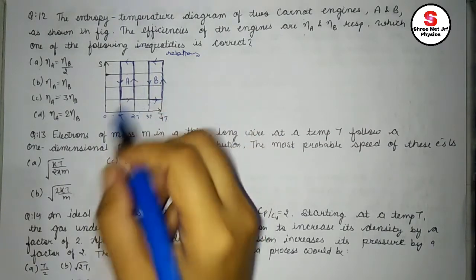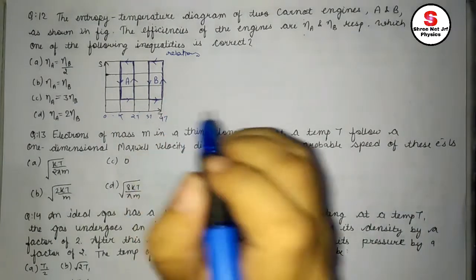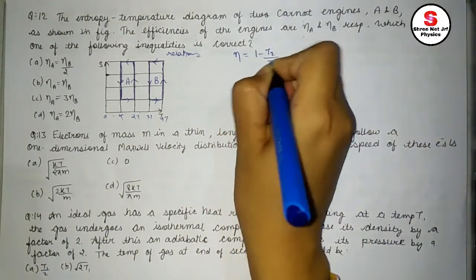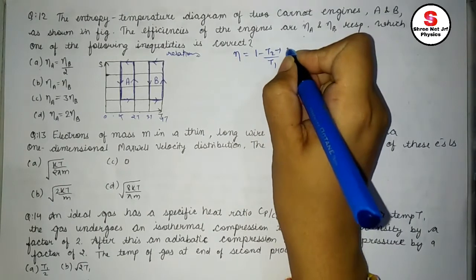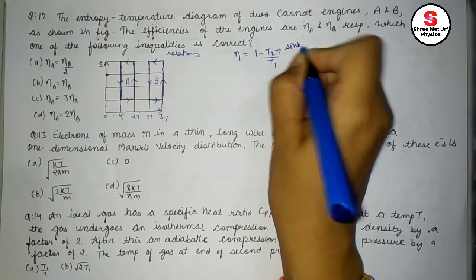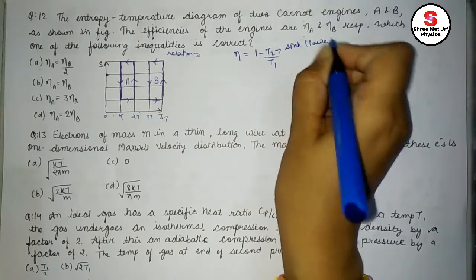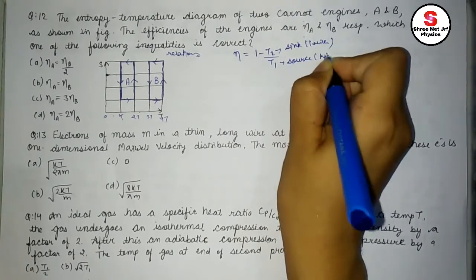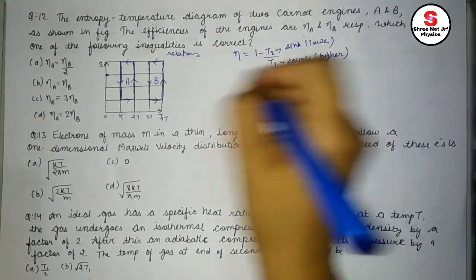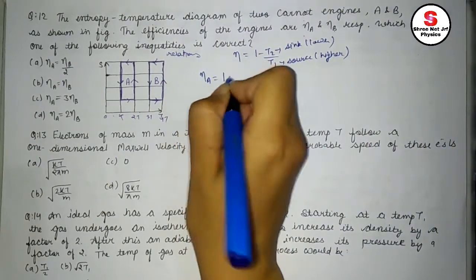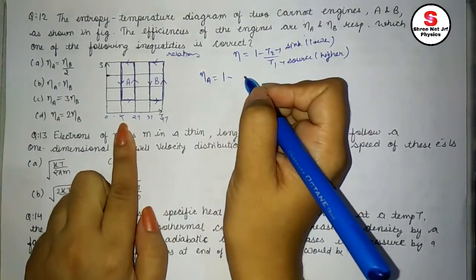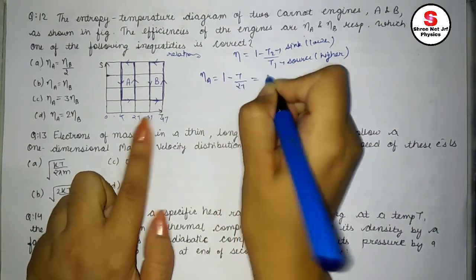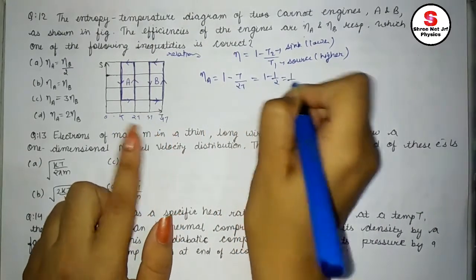So we know that the efficiency is given by eta equals 1 minus T2 divided by T1, where T2 is the temperature of the sink, that means lower temperature, and T1 is the temperature of the source, that means higher temperature. Here eta A can be written as 1 minus: lower temperature is T, higher temperature is 2T, so 1 minus half, which is equal to half.